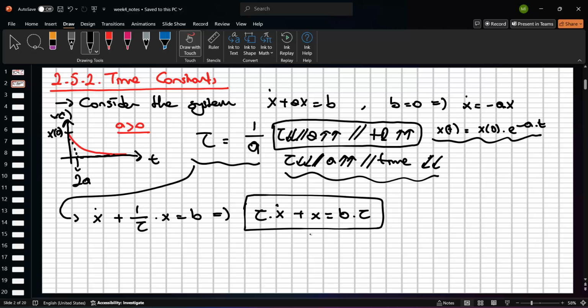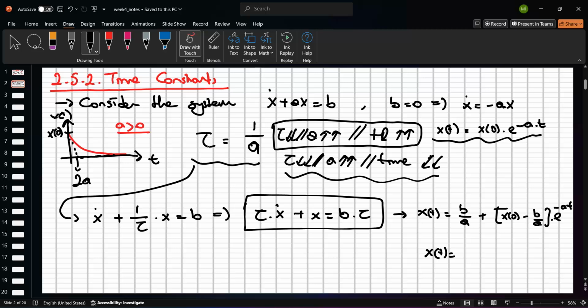So if we have this equation, just remember that we have x(t) is equal to b divided by a plus x0 minus b divided by a times e to the power of minus at. Okay? And so how can we write the time constant in here?